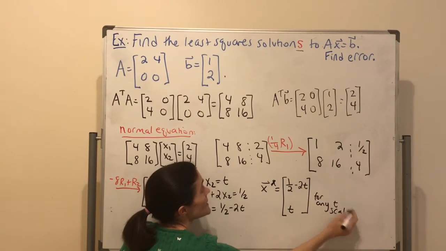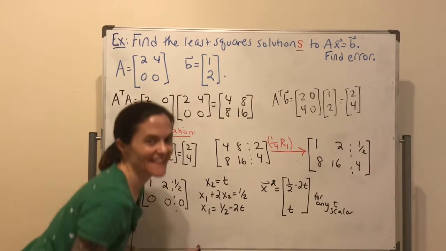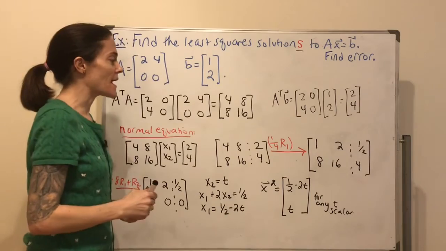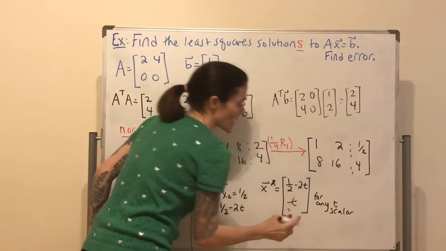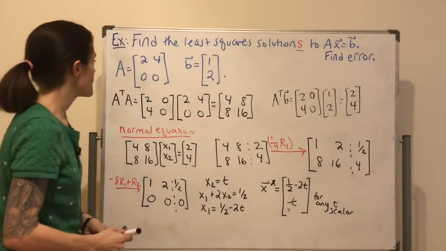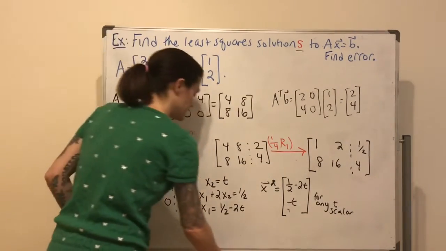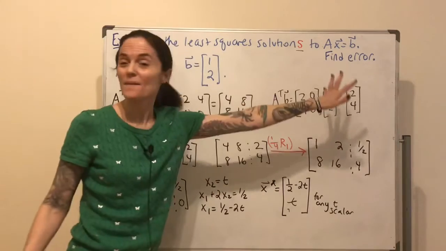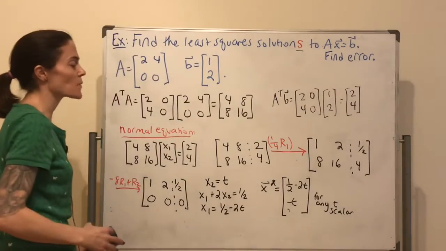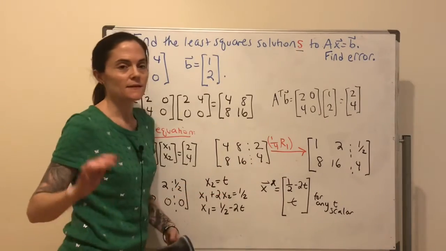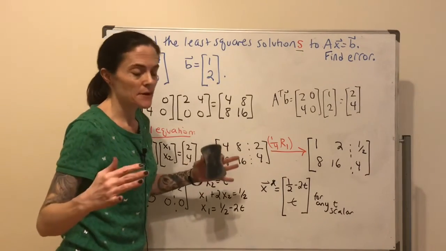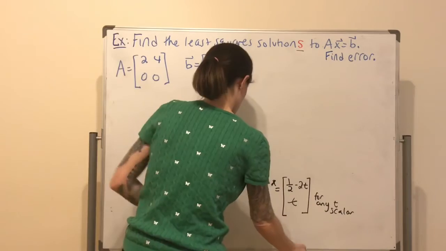This is why the S that is in red is so important, because you see we have infinitely many solutions. Now, I want to make a comment about the error, because this is where we'll realize that in fact every single one of these has the same error.